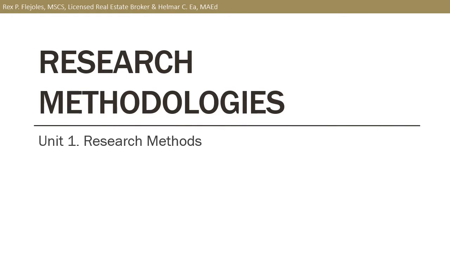Type of research may refer to research according to certain perspective, while research method may refer to the data collection or data analysis method of a certain research methodology. Hence, for common understanding, we're going to use this term research methodology as described in the succeeding slides.